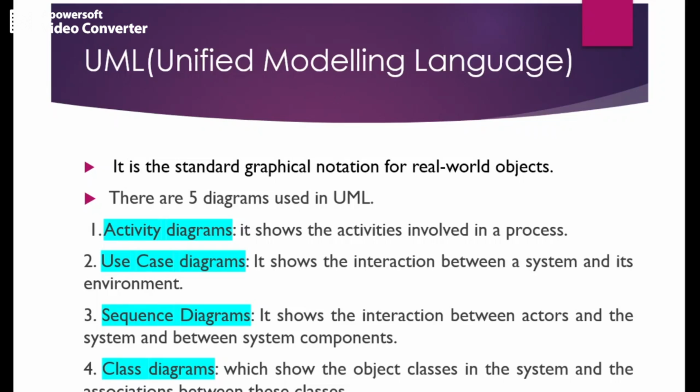So these are the 5 diagrams used in UML. Keep in mind: activity diagram, use case diagram, sequence diagram, class diagram and state diagram. In this entire module you are going to study these diagrams.